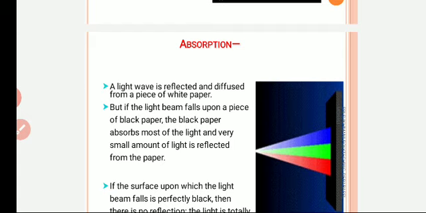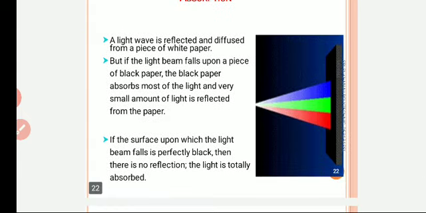Another important parameter is absorption. When light falls on a dark piece of paper or black paper, almost all of the light will be absorbed and very little light will be reflected from the paper. If the surface upon which the light beam falls is perfectly black, then there will be no reflection.